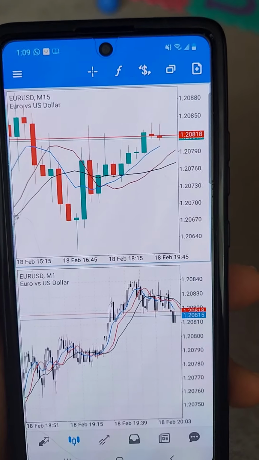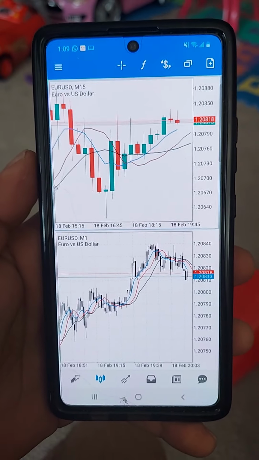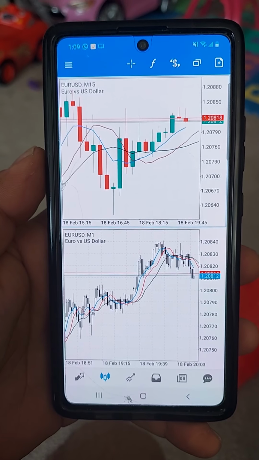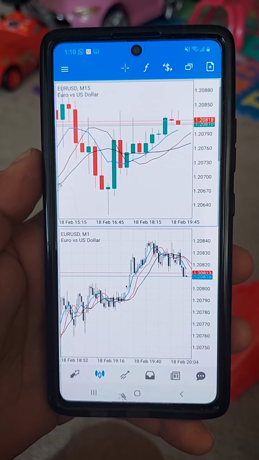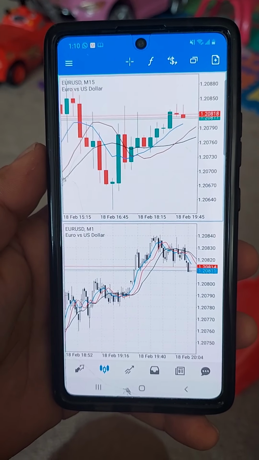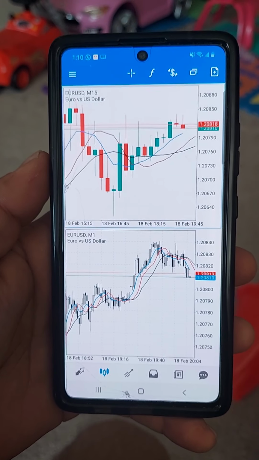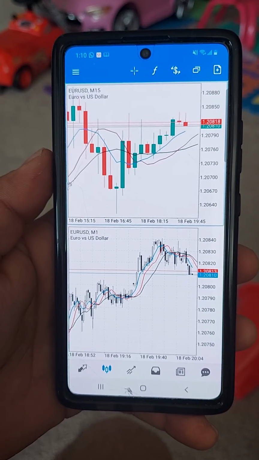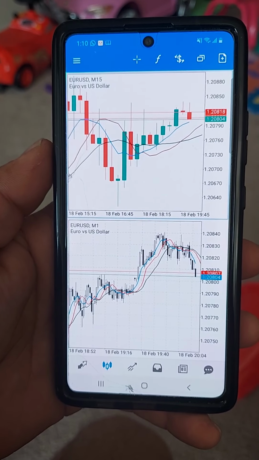So you can see in the top, the 15 minutes that we checked when it was green just turned red. Just like I told you guys, sometimes the market wants you to go long when they're planning to go short, or sometimes the market goes short when they're planning to go long. So they're always doing the opposite of retail traders.